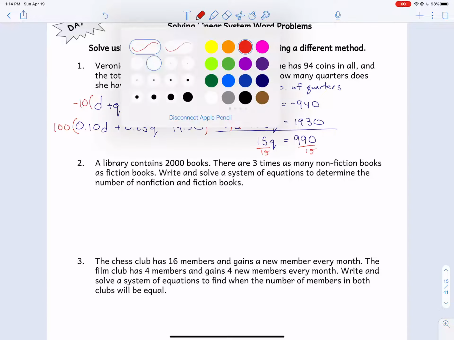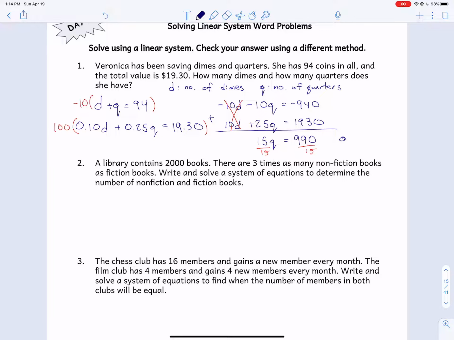And then we get Q equals 66. So she had 66 quarters. Using that first equation we started with, we know the total number of coins has to be 94. So if we take 94 and subtract 66, we get 28. So the number of dimes equals 28.